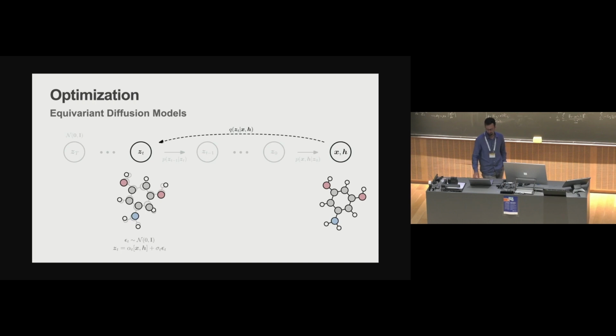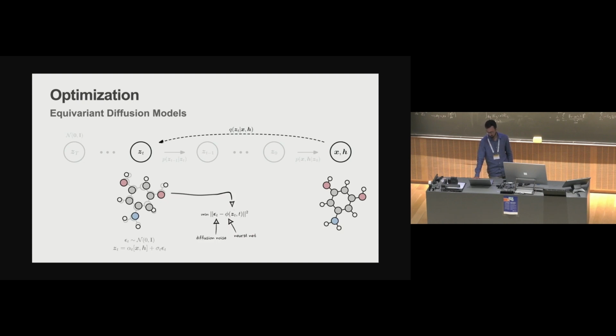Sampling from this diffusion distribution is just taking a sample and doing a weighted sum of the sample with some noise, and the amount of noise is given by the variance of the noise distribution, which is indexed by the time step: larger variance for larger time steps, and smaller for the ones that are closer. So basically, we take the sample, we add some noise, we get this diffused sample.